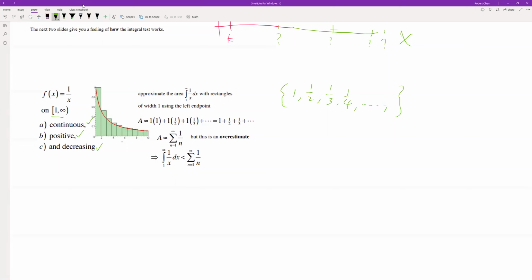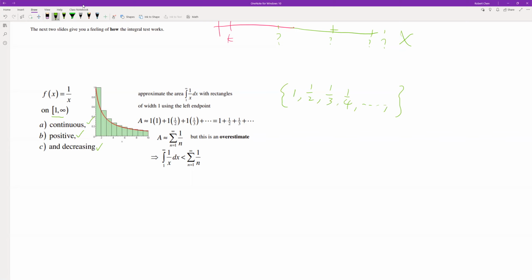When x is positive, the whole thing is going to be positive. Since we're not including 0 in our domain, it's always continuous to the right hand side of 1. And it's decreasing because when we increase the value in the denominator, the function is decreasing. Once we have checked these three properties, we can go ahead and perform the integral test.